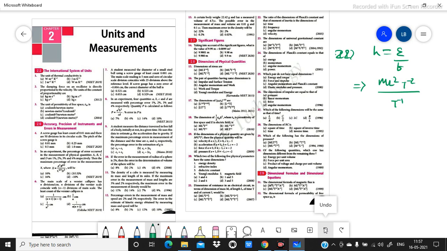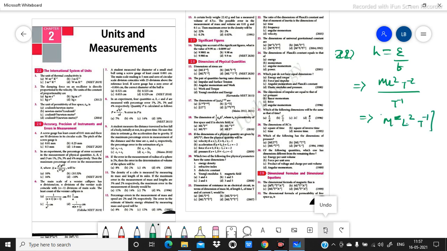So it will give me the answer, 24, answer C, which is M L2 T minus 1.